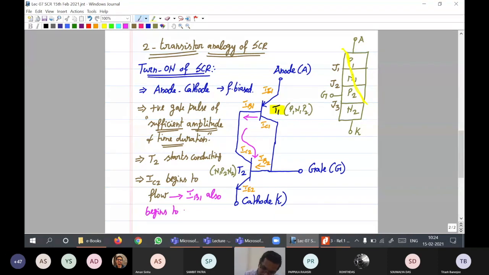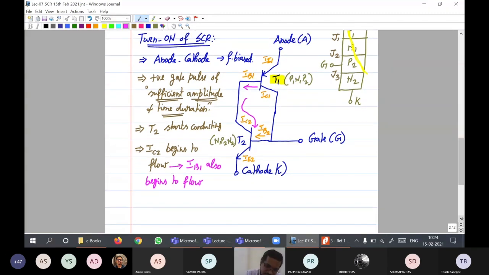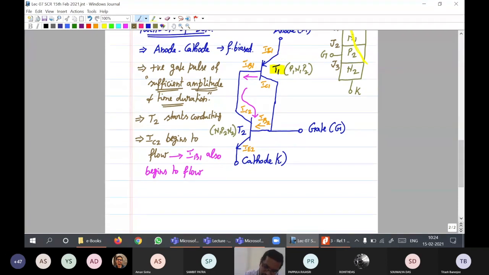When IB1 begins to flow, since the anode is already forward biased, transistor T1 will be turned on. So when IB1 begins to flow, this causes T1 to conduct, which means it is turned on.